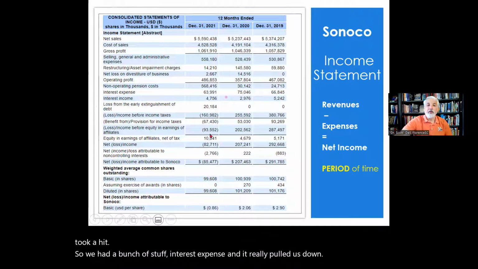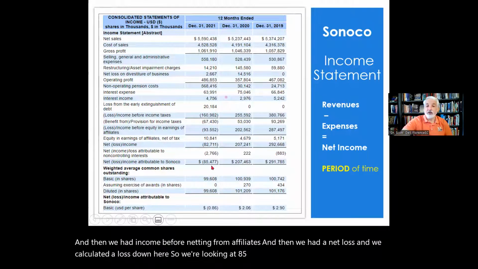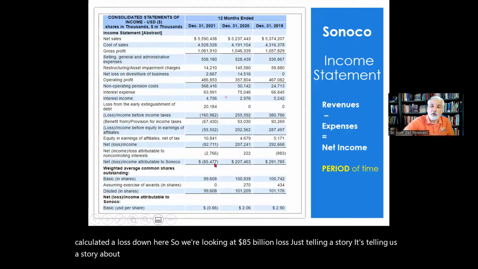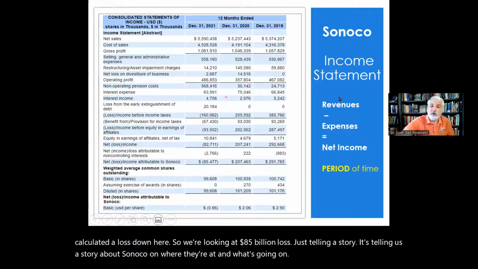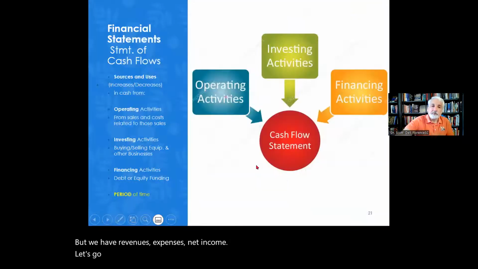And then we had income before, netting from affiliates, and then we had a net loss, and we calculated a loss down here. So we're looking at an $85 billion loss, just telling a story. It's telling us a story about Sunoco on where they're at and what's going on. But we have revenues, expenses, net income. Let's go on to the next statement.